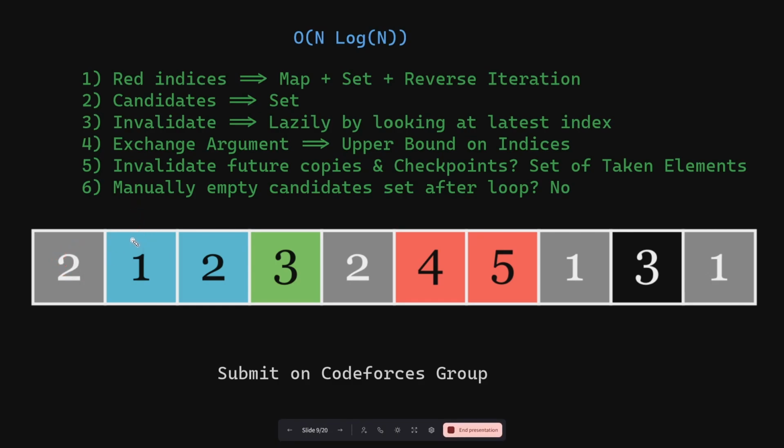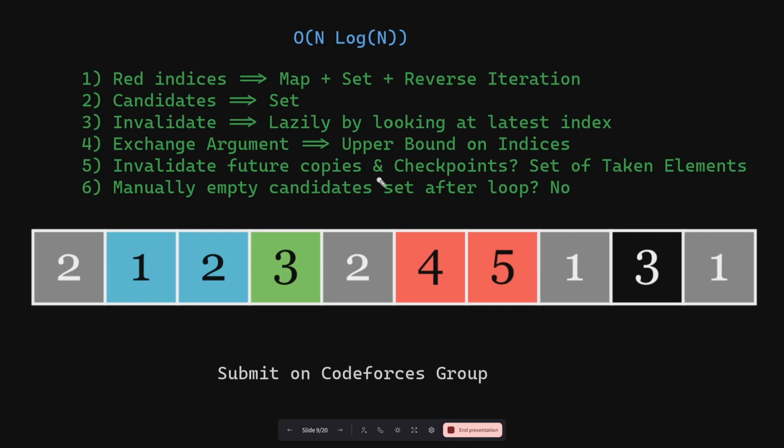To do that, you can do that lazily, and by that I mean you just track the index of the last blue box that you have taken, and if you encounter any element, just check if its index is less than this blue box or not. If it is, then it means that the element has already been invalidated.